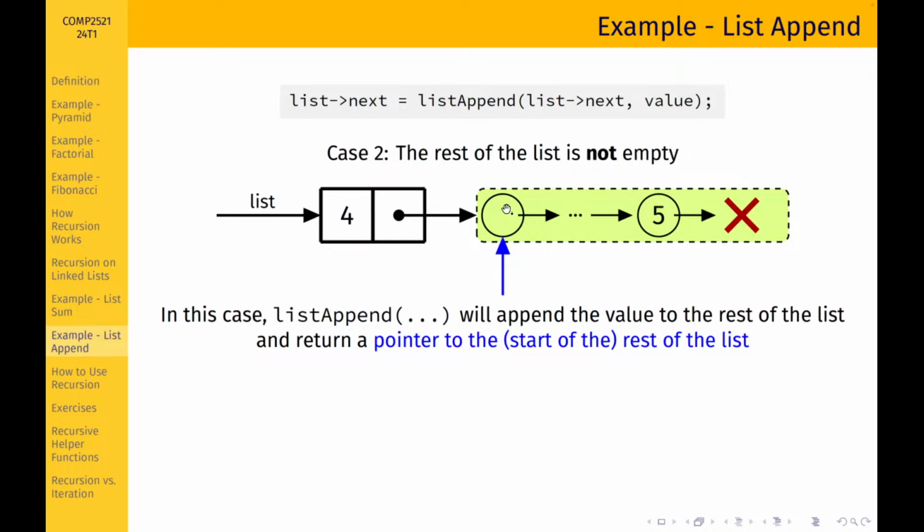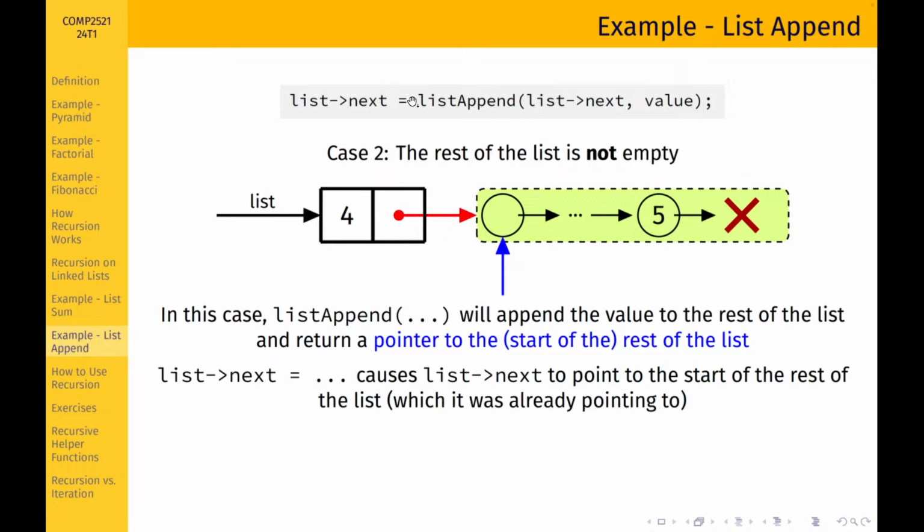Now, what does this list arrow next equals part do? This causes list next to point to whatever this function call returned. Now this function call returned a pointer to this node over here. So this assignment is going to end up causing this node here to point to this node, which it was already pointing to.